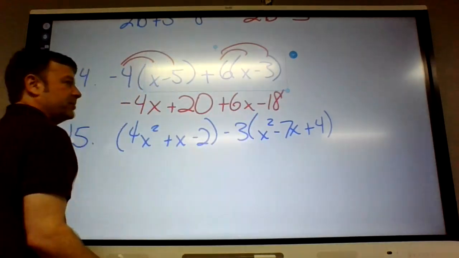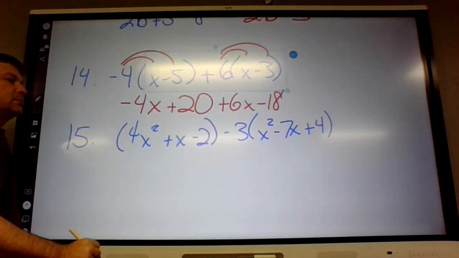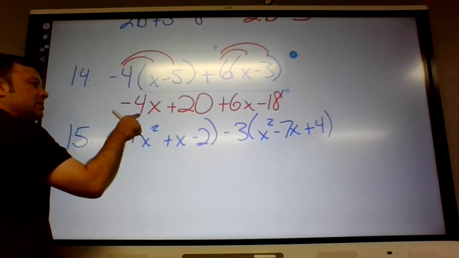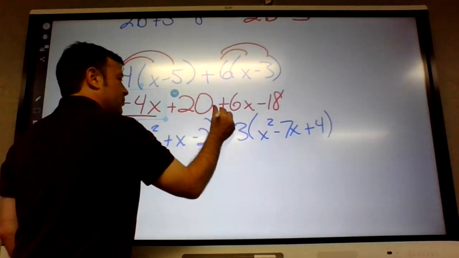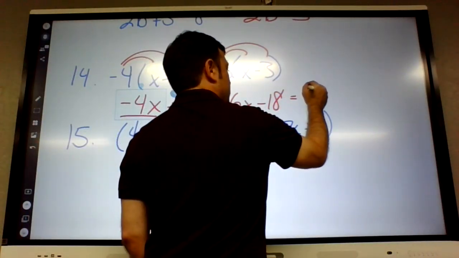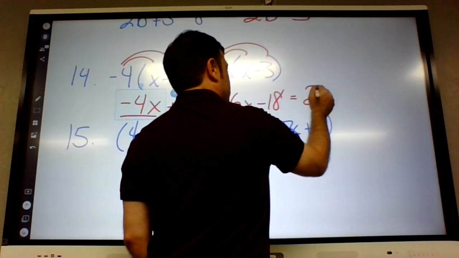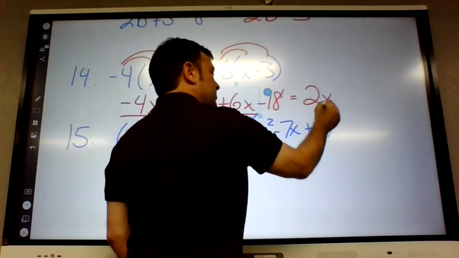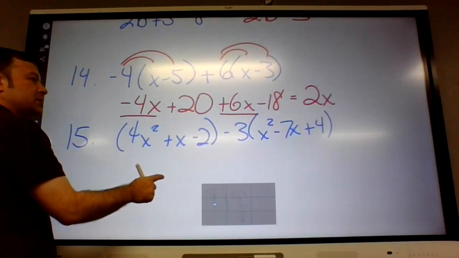All right, now what can we do? Put them together. Yep. So what does this one go with? 6. So negative 4 plus 6. They're not going to work together because one's negative, one's positive. Positive wins by 2, so it'll be 2x.